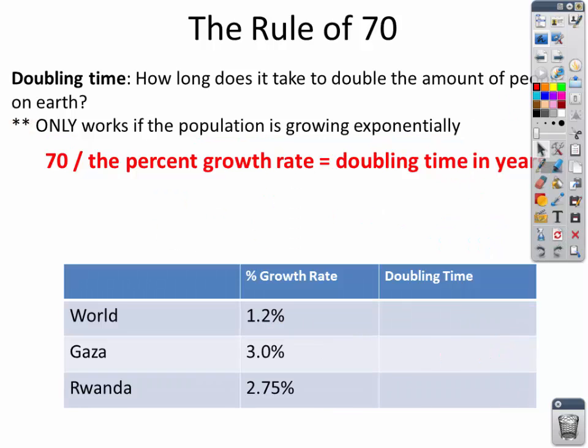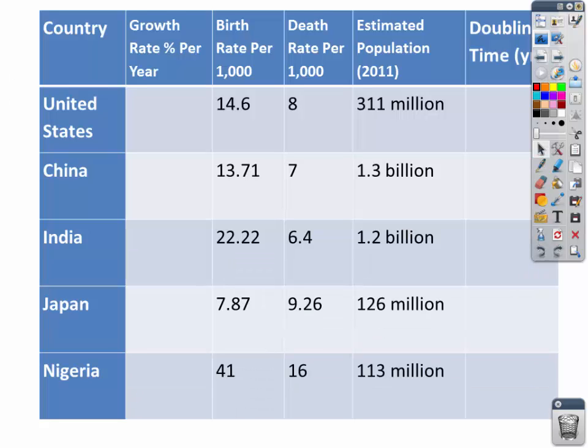So let's go ahead and go back a slide and calculate the doubling time for each one of these populations. You can calculate the doubling time for the ones that apply. Go ahead and pause the video now. So if you went ahead and did that, you might have gotten frustrated if you tried to calculate the United States.